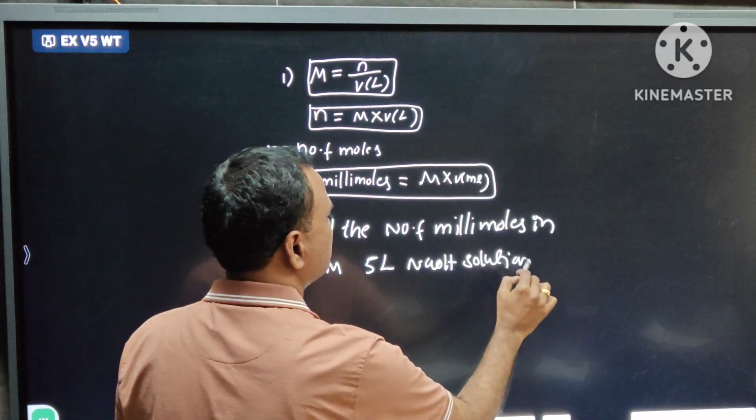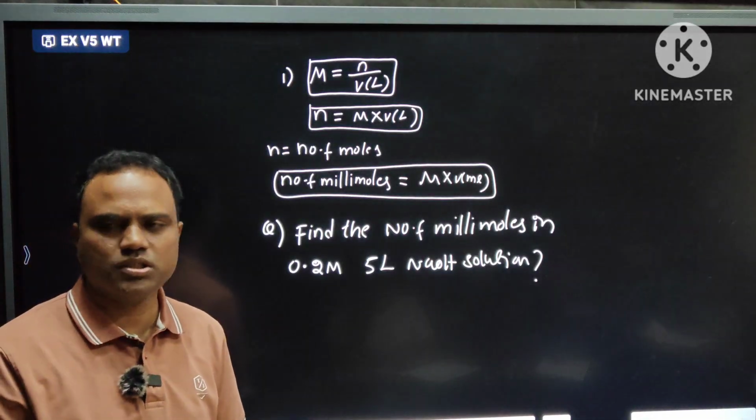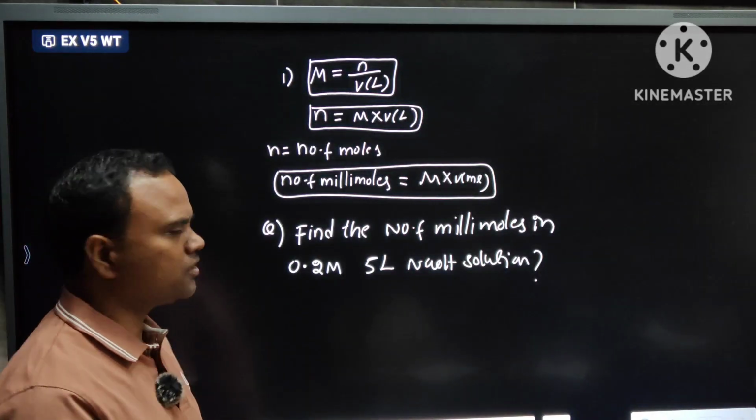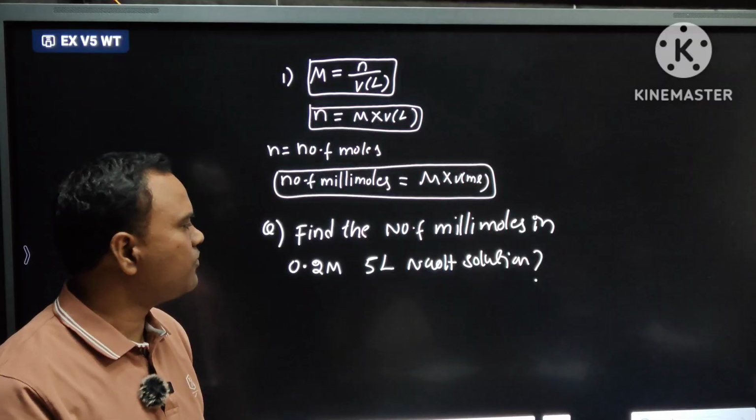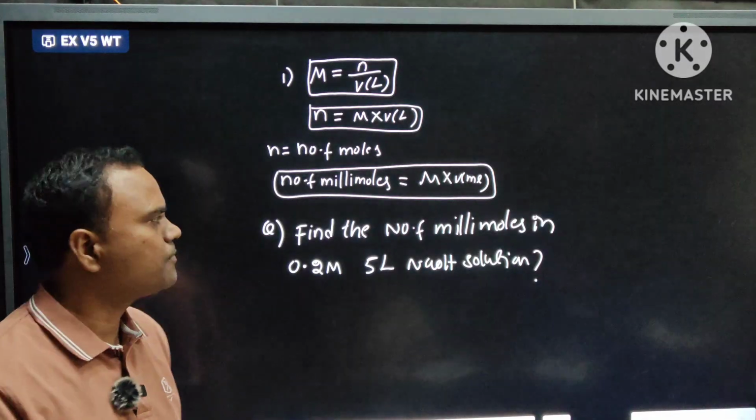This is the question. This is a fundamental topic for other chapters. That's why I am giving one question on this. Finding the number of millimoles in 0.2 molar 5 liter sodium hydroxide solution.